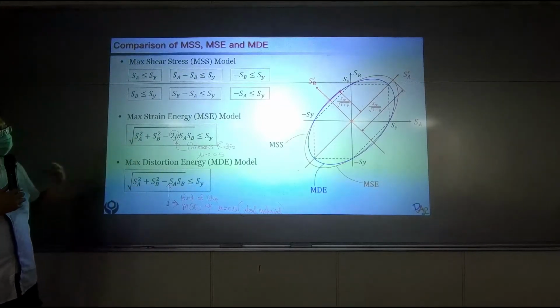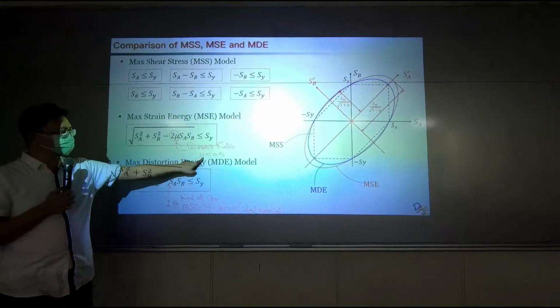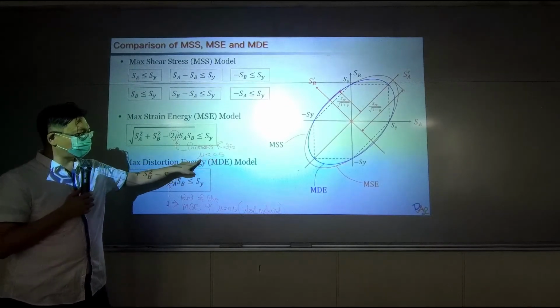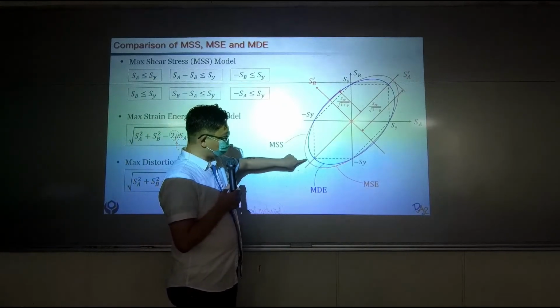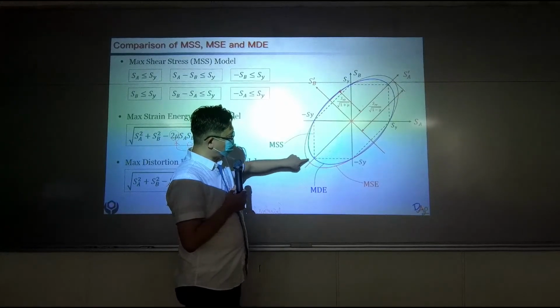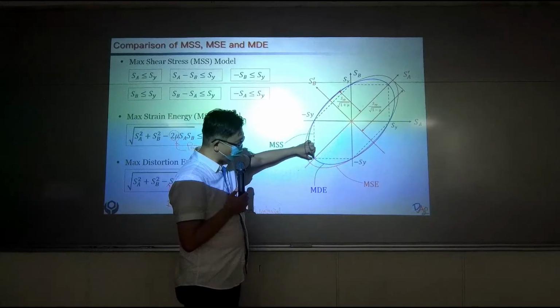This is how they are different. Just because in reality, no material can have a Poisson's ratio of 0.5. So this maximum strain energy model can never approach the maximum distortion energy model. There's always a tiny gap.